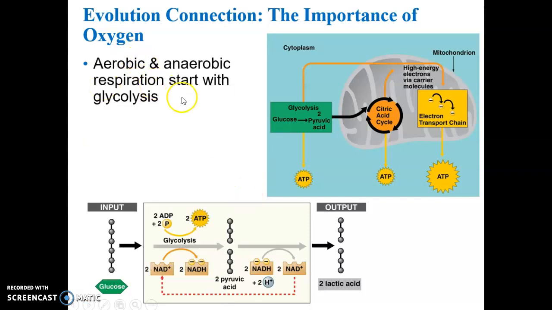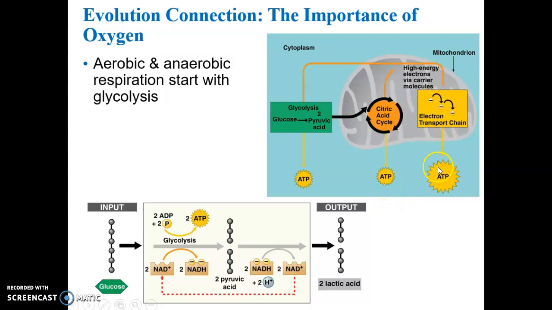So aerobic and anaerobic respiration starts with glycolysis, that first breakdown of glucose. Aerobic respiration refers to oxygen. With advanced organisms and larger organisms like animals, glycolysis generates a little bit of ATP, right? 2 molecules, and then the breakdown of glucose into pyruvic acid and acetyl-CoA entering into the citric acid cycle generates a couple more ATP.